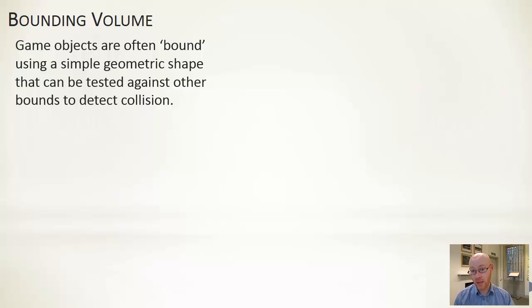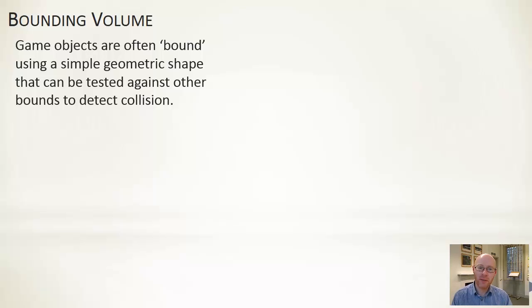Some of the more accurate forms of collision detection would do pixel perfect collision detection. So there you're comparing the texel elements within each of the textures in each of the bitmaps to work out if you've got any non-zero alpha values overlapping. That's one end of the spectrum.